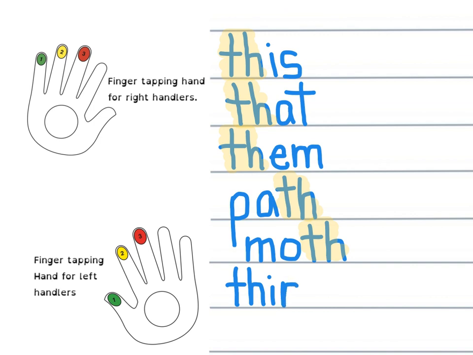Th, n. Okay, let's go ahead and read all our words starting at the top. This, that, them, path, moth, thin.